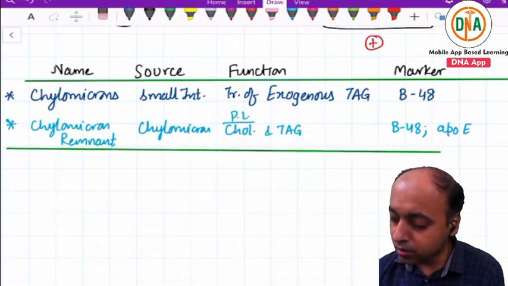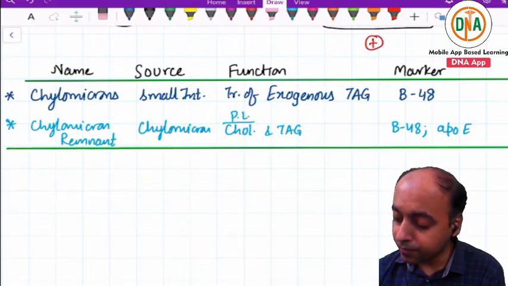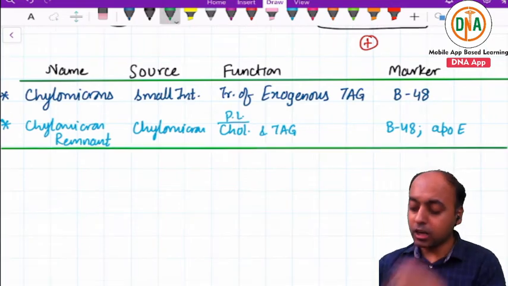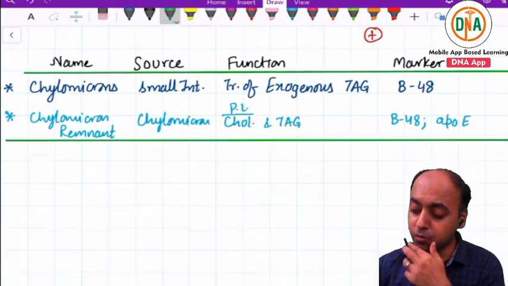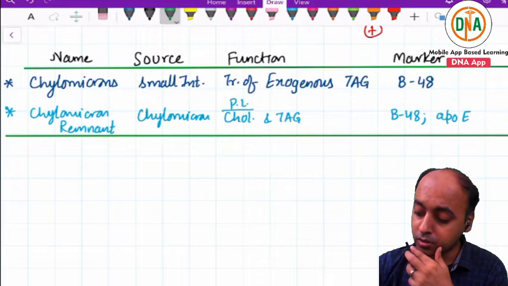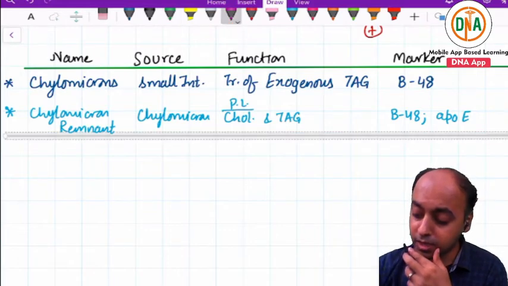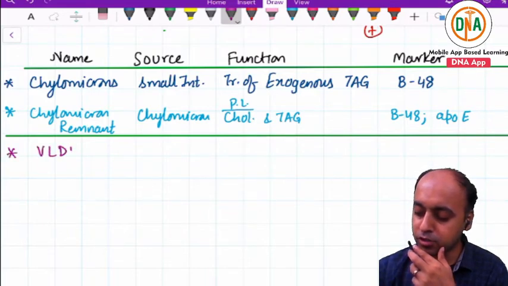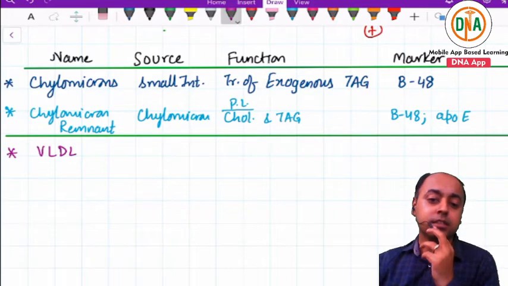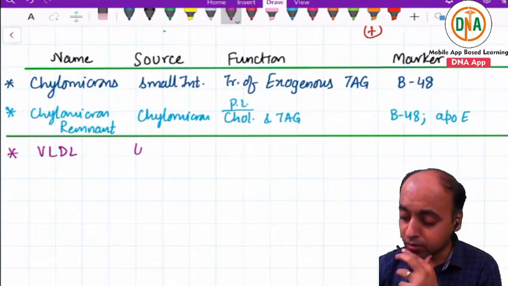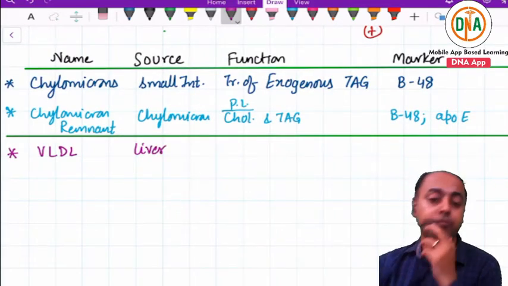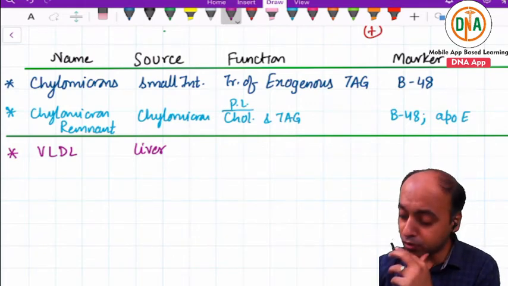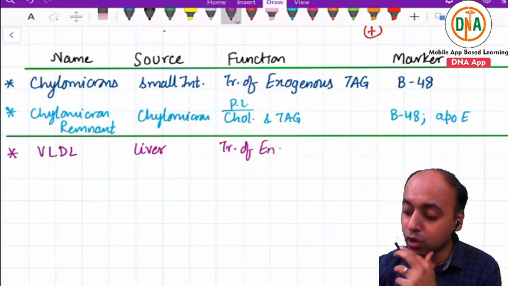Let's move on. Next, we have the VLDL, very low density lipoprotein, synthesized by the liver, and it is responsible for transport of endogenous triacylglycerol.